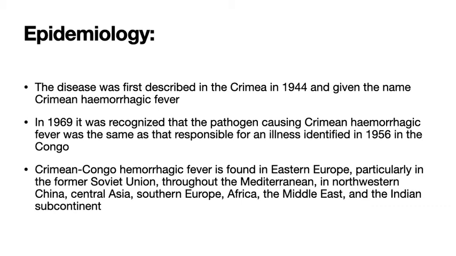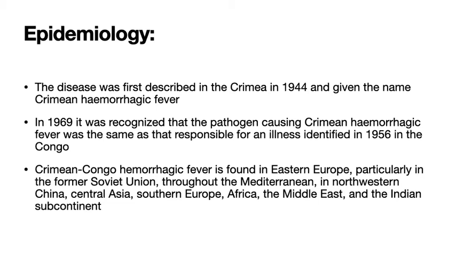I'm going to end by talking about the epidemiology of CCHF. CCHF was a disease, as previously stated, that was first described in Crimea in 1944 and given the name Crimean hemorrhagic fever. In 1969, it was recognized that the pathogen causing Crimean hemorrhagic fever was the same as that responsible for the illness identified in 1956 in the Congo.